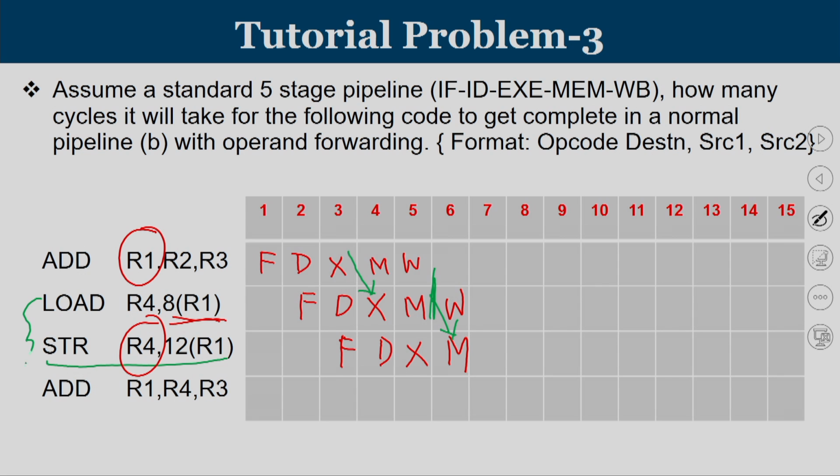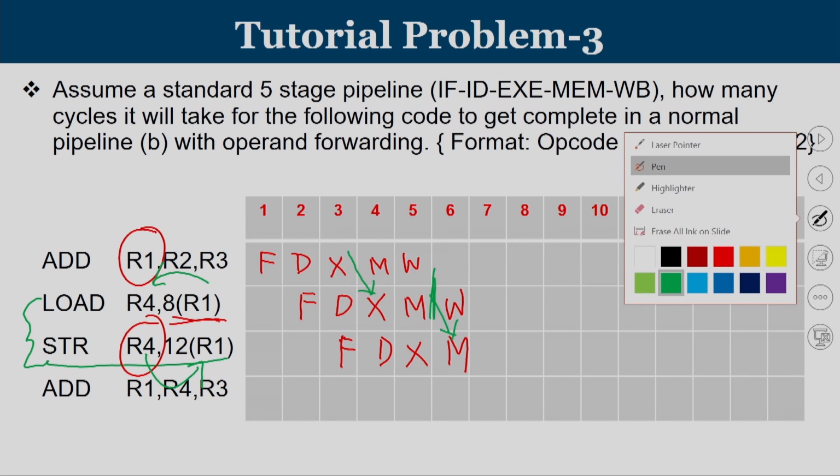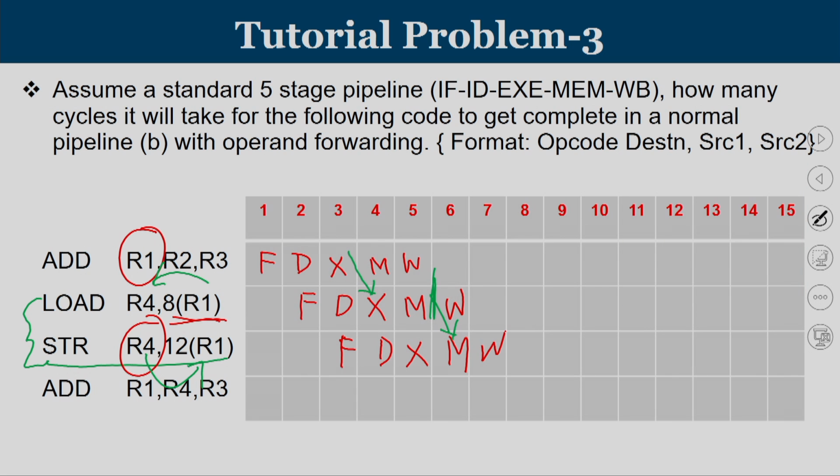So, if you look at these two addresses, I load a value into R4, and whatever is there in R4 I am storing into a different address. So, the value that is read from the memory is forwarded to the input of the memory unit such that you can complete the operation. So, this will be your write back stage, and then we have an add of R1, R4 and R3. There is no dependency issue there. So, fetch, decode, execute, mem and write back. So, this shows that in this case with 8 clock cycles we are able to complete the operation.